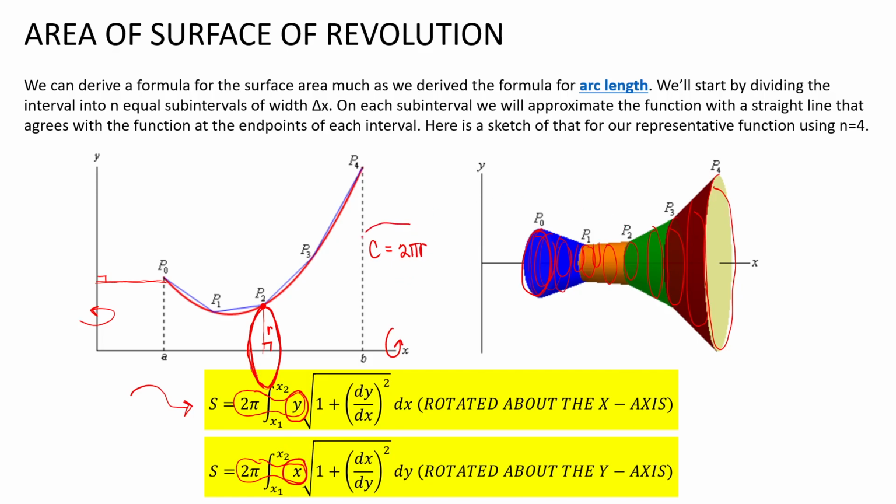Again, it's all coming from the circumference of the circle, 2 pi r. So the radius should be perpendicular to the axis of rotation. If it's rotating about the x-axis, the radius is y. If it's rotating about the y-axis, the radius is x. So it's just like the formula for the circumference of the circle, strictly in this format. There's no other format for this one.